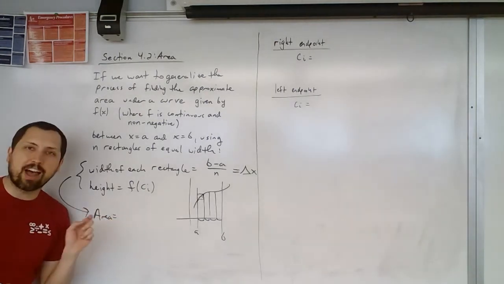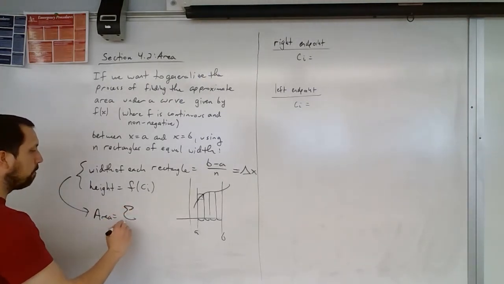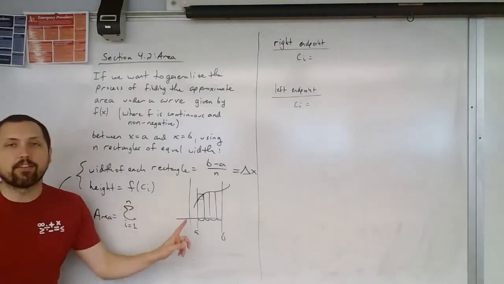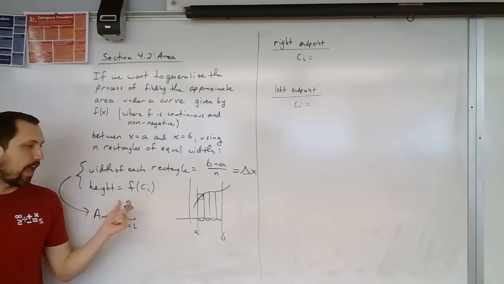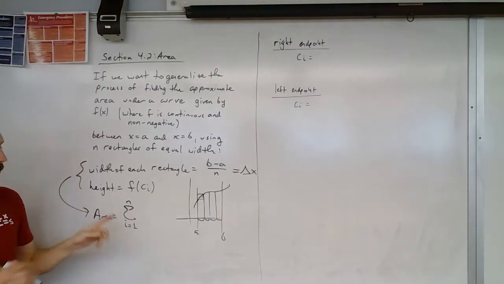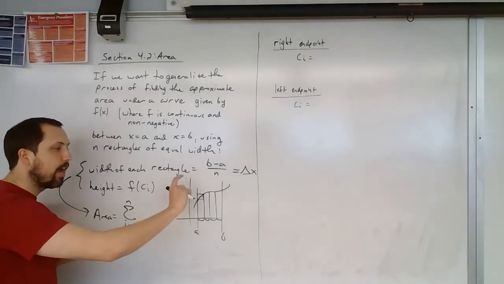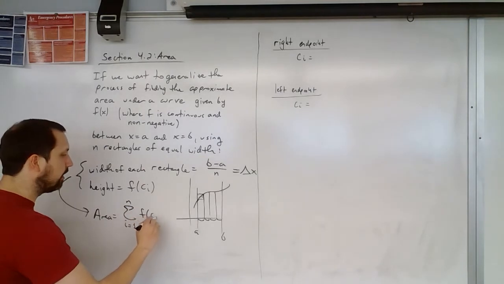Again, this is the approximate area. This is going to be the sum from i equals 1 to n. If we have n rectangles, I'm going to add n of these areas together. For each of these, I take the width times the height, so I take f of c sub i times delta x.